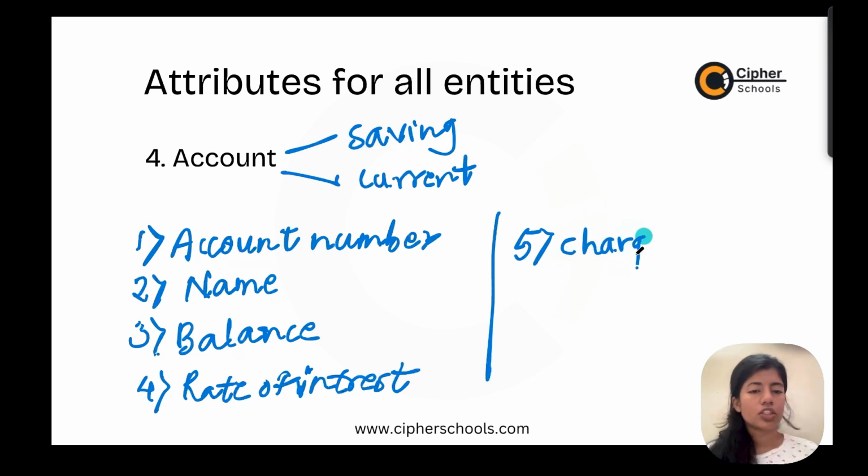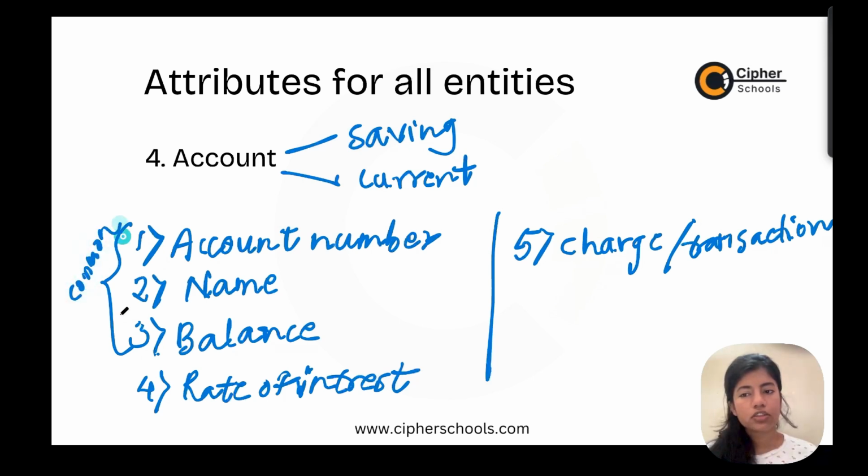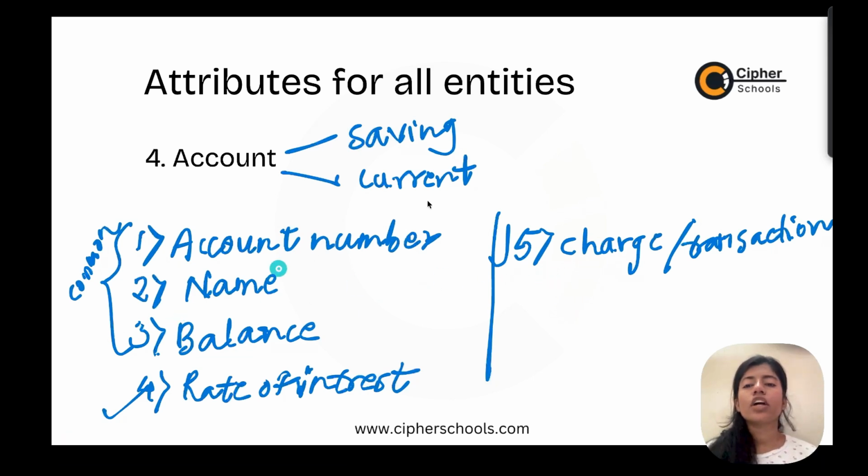So it is a charge. Now that we've listed all the attributes, it is visible that these 3 are the common ones, and this is for savings and this is for current account. So how do we accommodate it?